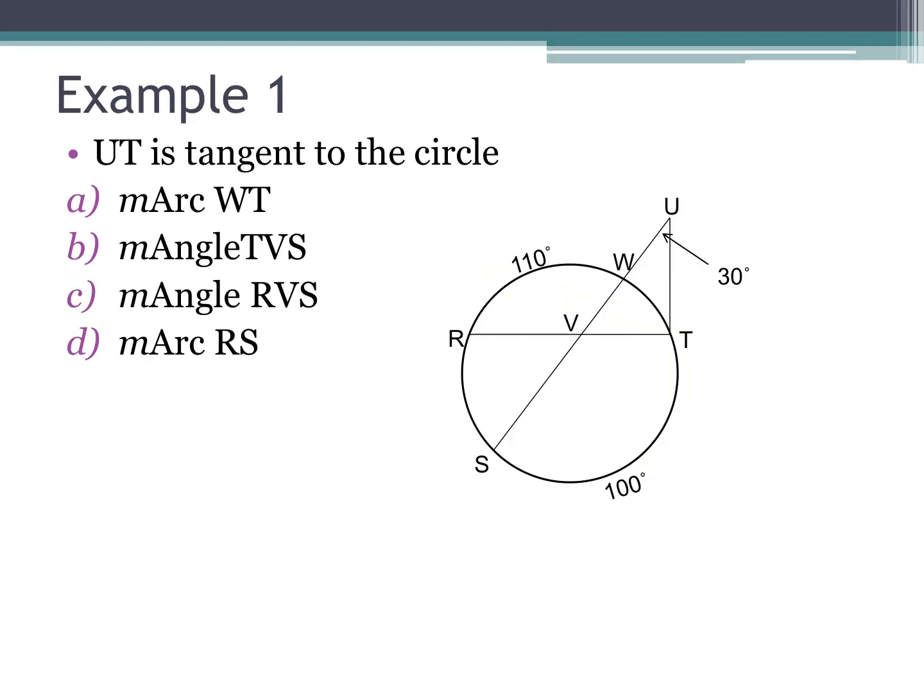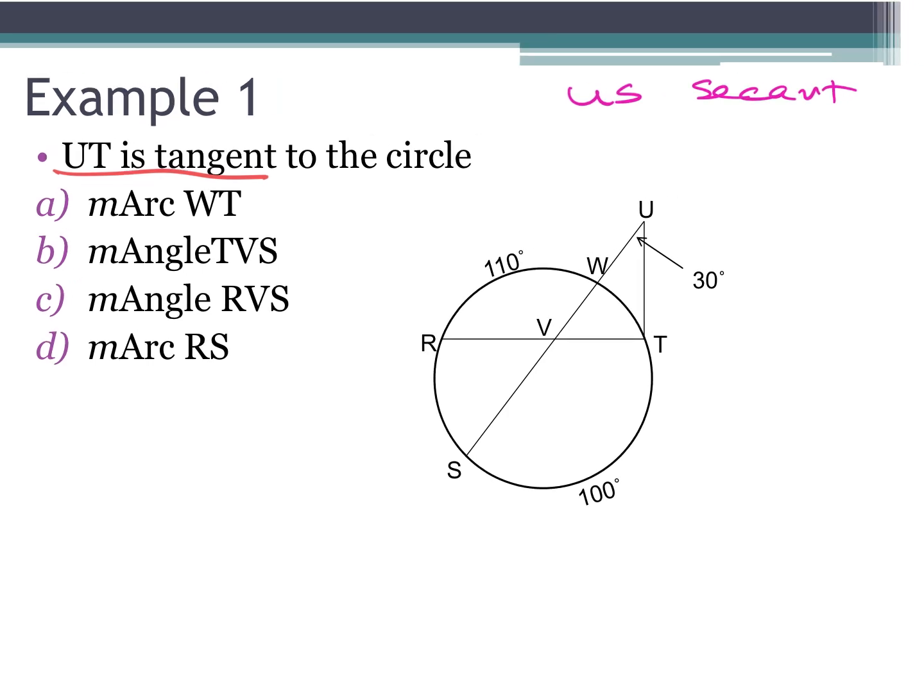Okay, so here's our first example, and they're telling us that UT is tangent to the circle. Also in the picture, US is a secant. So US is secant, and UT is tangent. Notice this angle up here is the outside angle.